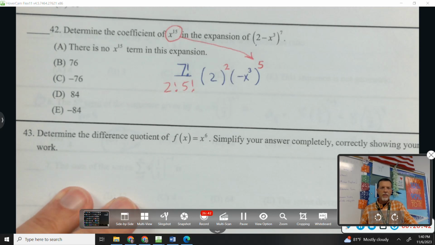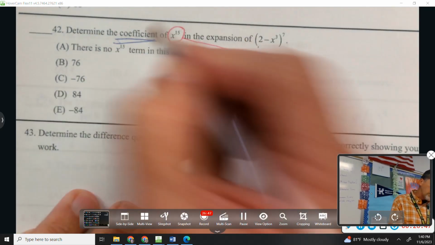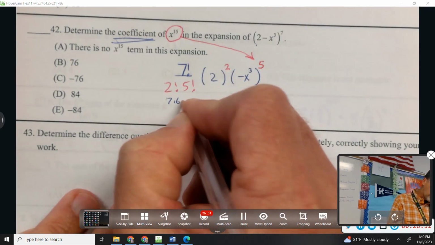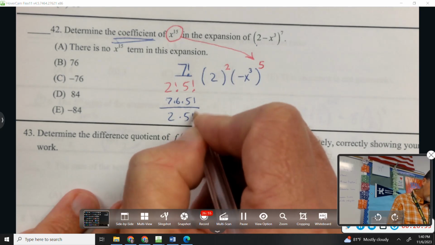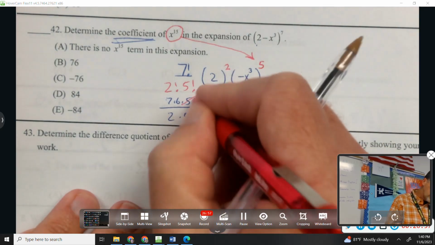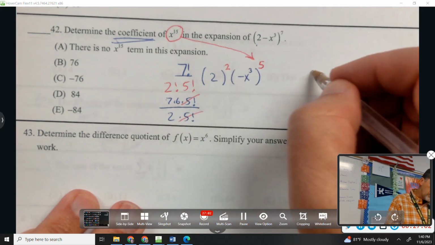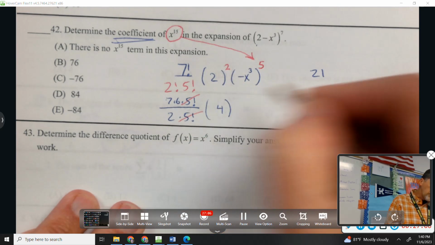Okay, so there's the term. Now I need to clean it all up to figure out what the coefficient is. So let's see, 7 times 6 times 5 factorial over 2 times 5 factorial. So 42 divided by 2 is 21. 2 squared is 4.